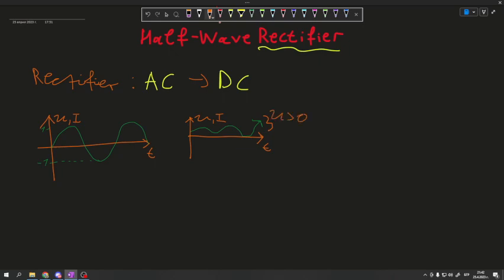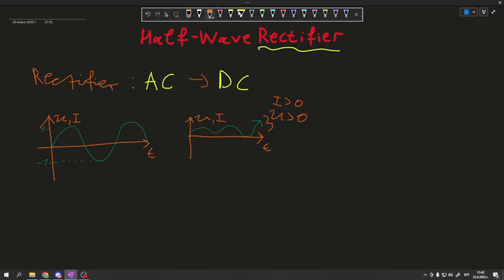It doesn't go into the negative region. It can change its values, not only the voltage or the current, but it only stays in the section it started.